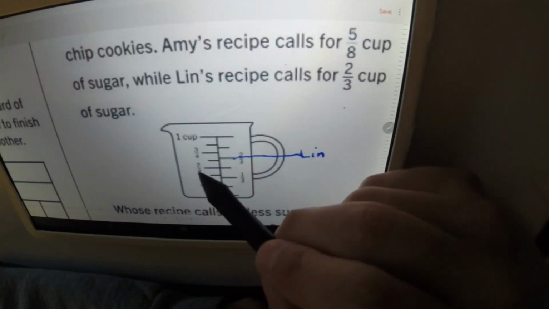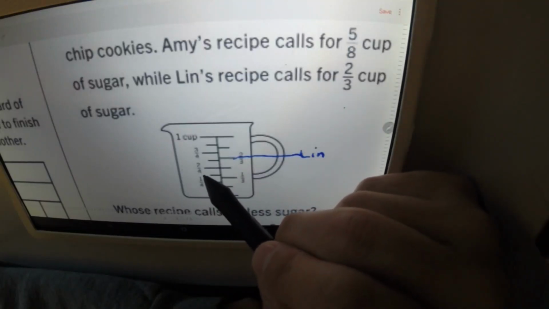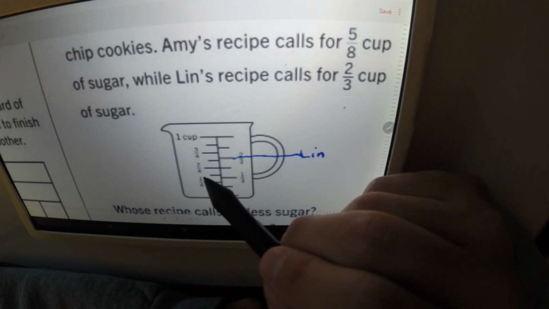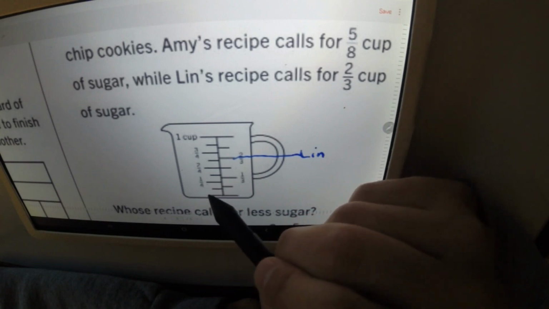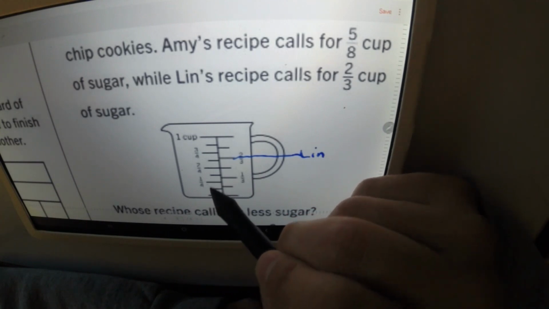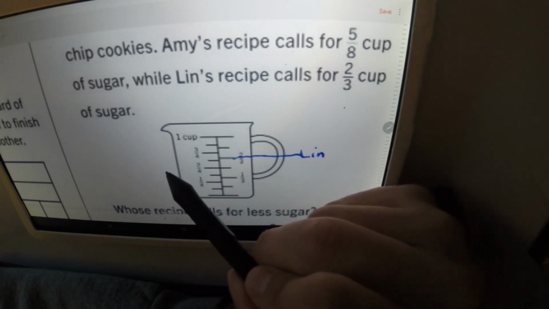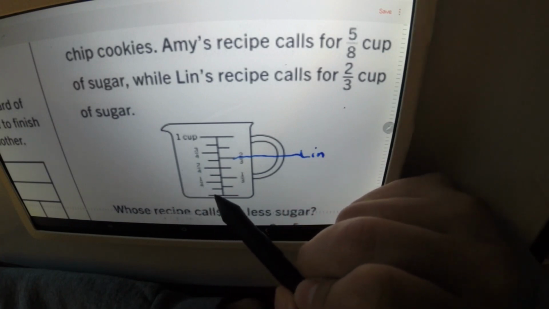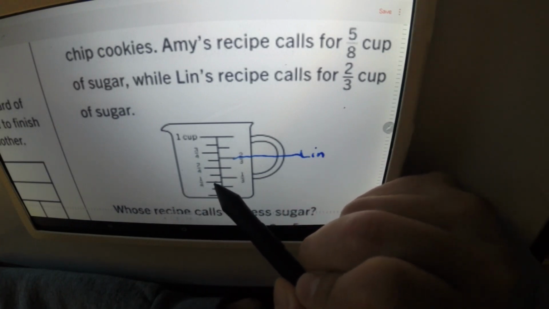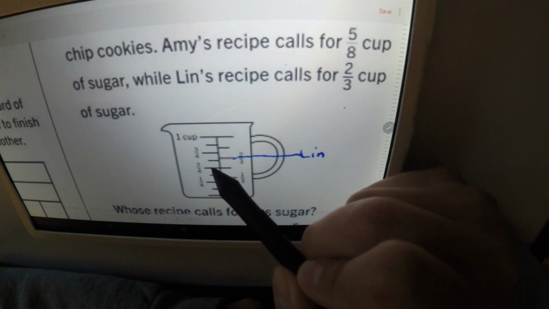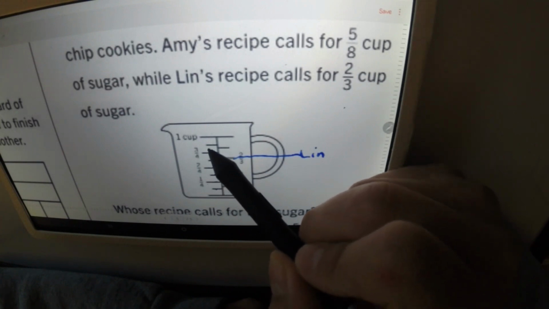5/8. Now here they break it up into fourths instead of eighths. Well, that's an easy fix. If you look at the cup on the left side right here, there are 8 sections. 1, 2, 3, 4, 5, 6, 7, 8. So there are 8 sections, right?